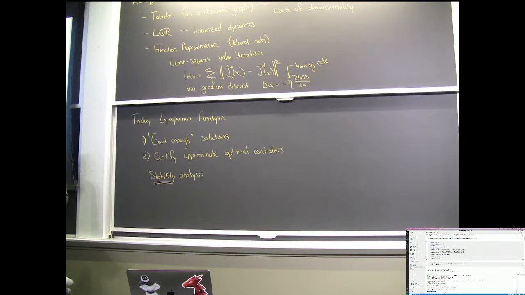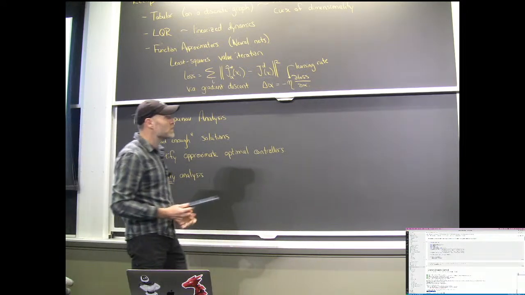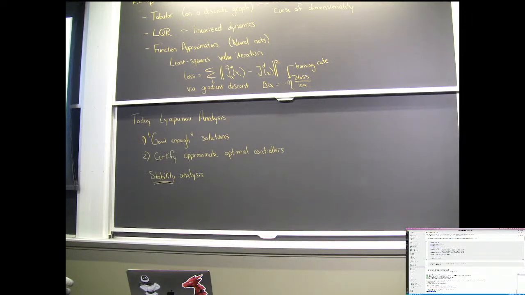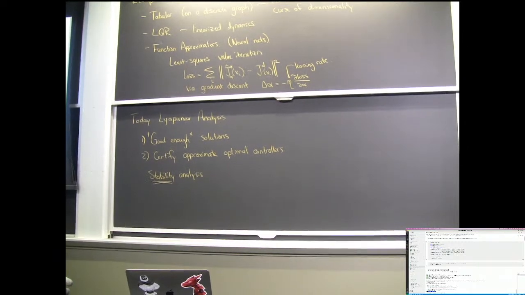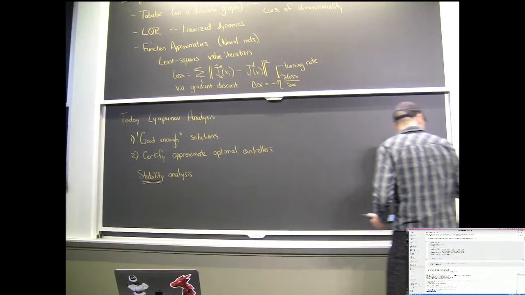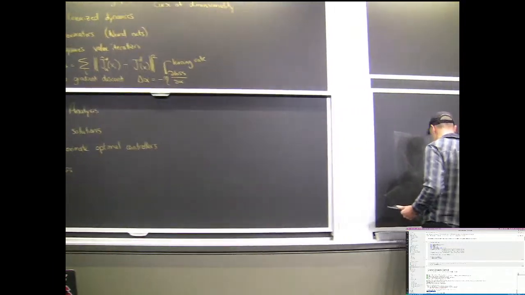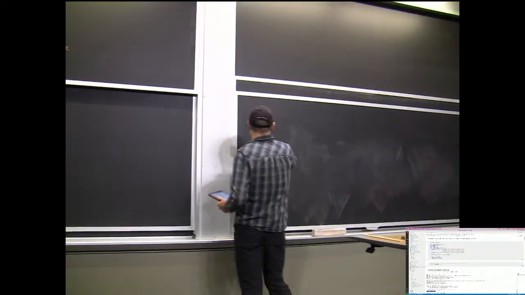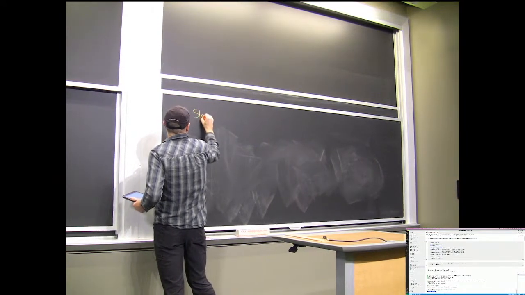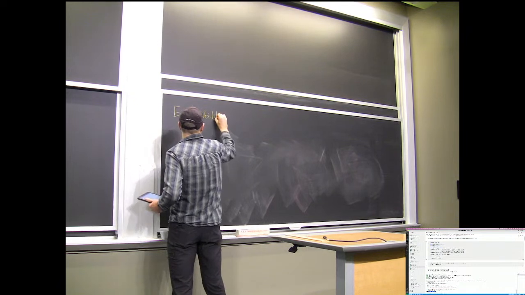It turns out that's the language you want for asking, are my controllers good enough to accomplish a task? So let's start with my favorite examples, and just think a little bit more about how we make stability arguments for some of the nonlinear systems we've already looked at. Okay, so let's just think about stability analysis of the pendulum. Nonlinear stability analysis now.